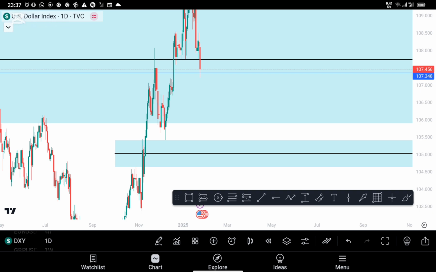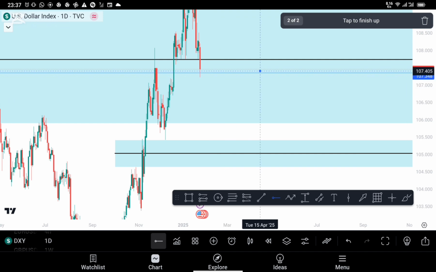Okay, that price, how much is that price? Let me check. The price level is 107,748. And this price level here is 105. This one here is 107. So where is the market likely to go compared to here and here for now?